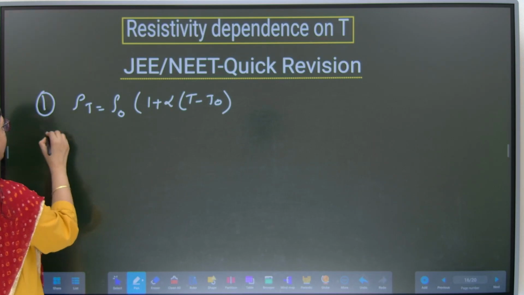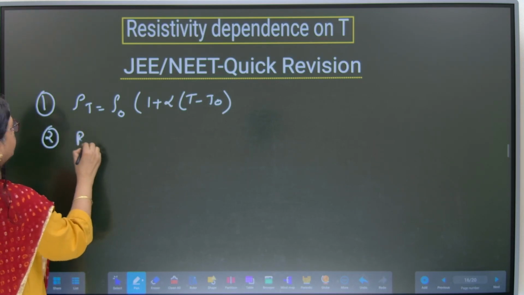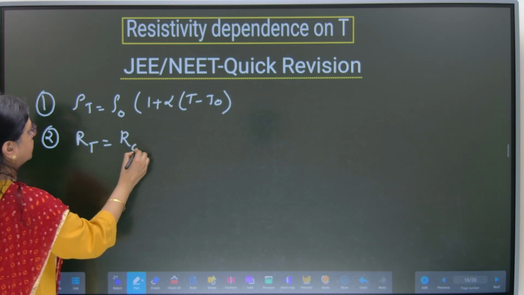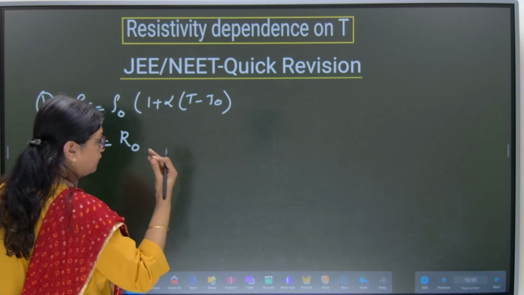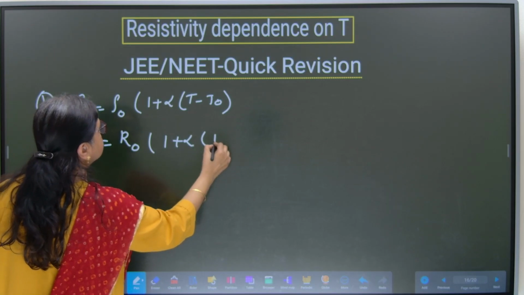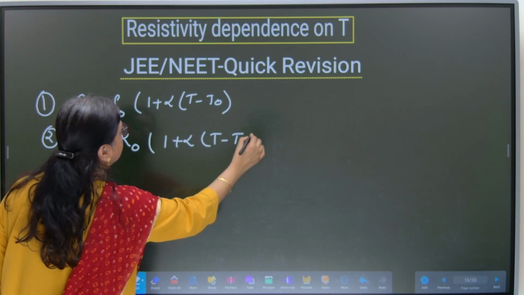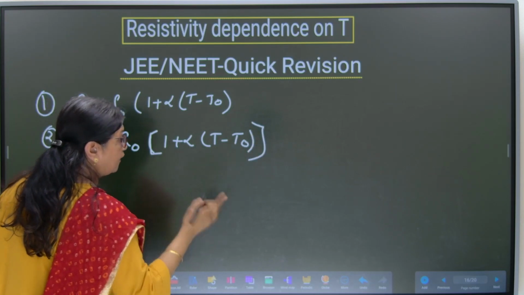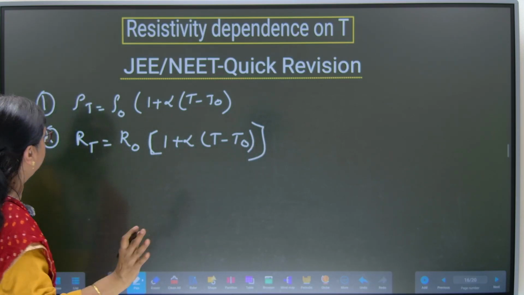We can also write RT, resistance at the temperature T, is equal to R naught, resistance at the temperature 0 or the reference temperature, into 1 plus alpha into T minus T naught, where T is the temperature given to us and T naught is the reference temperature, initial temperature. Fine.